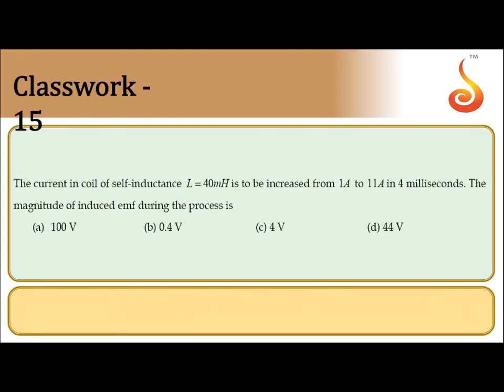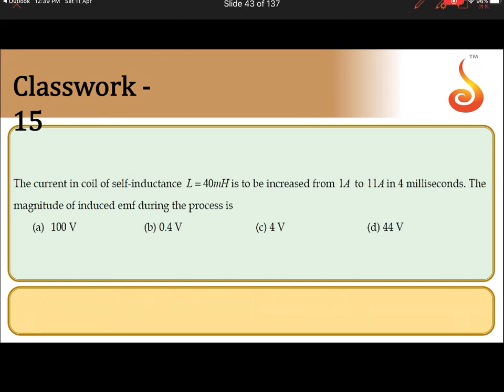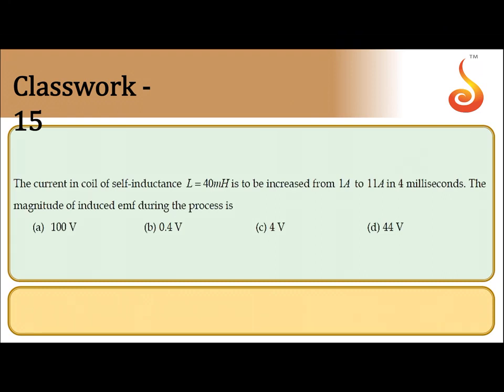Yes, we'll move on to next one. Current in coil of self-inductance L is equal to 40 millihenry is to be increased from 1 ampere to 11 ampere in 4 milliseconds. The magnitude of induced EMF during the process is. So, it's a case of self-inductance. So, E is equal to L into di by dt. L is 40 millihenry, it is 10 power minus 3.